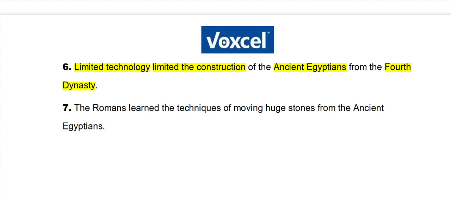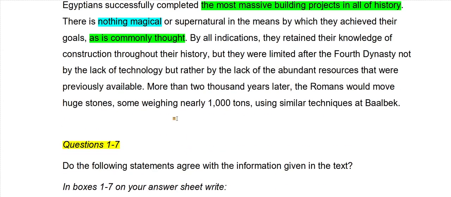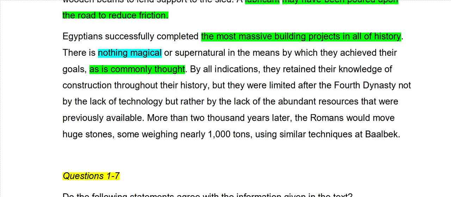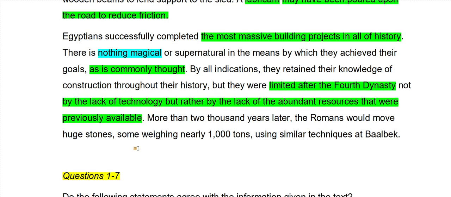So this is something that has been written in the question. So let's see what is written in the paragraph. We will read ahead. By all indicators, they retained their knowledge of construction throughout their history, but they were limited after the 4th dynasty. So there is something about the limitation, not by the lack of technology, but rather by the lack of abundant resources that were previously available.